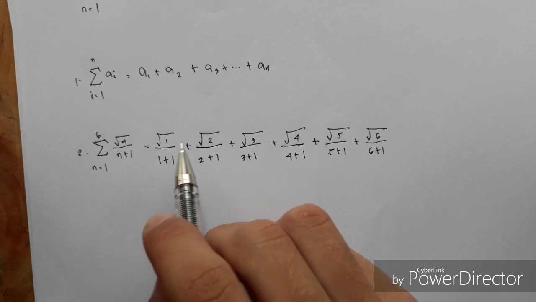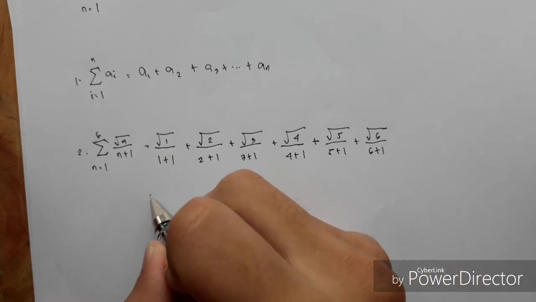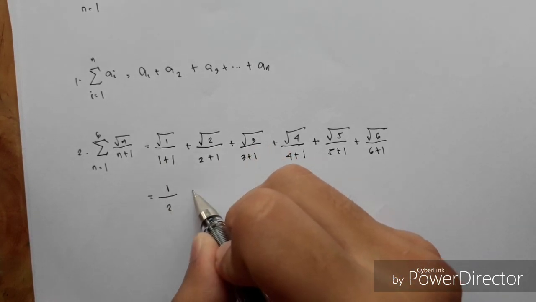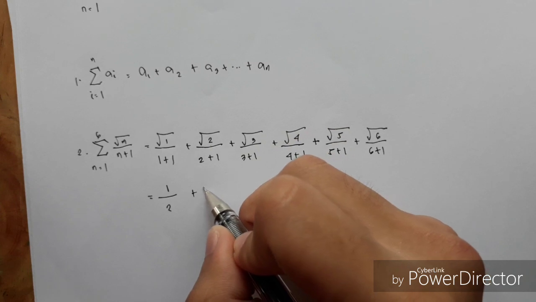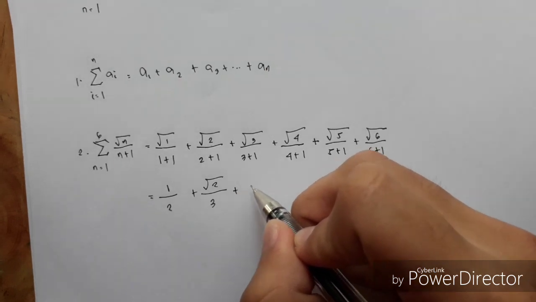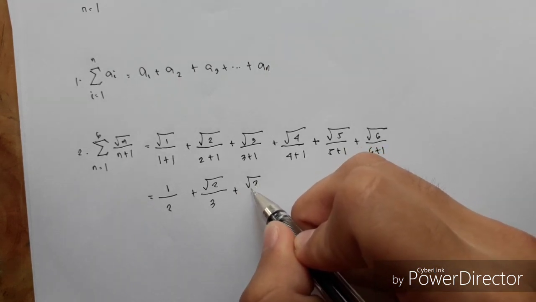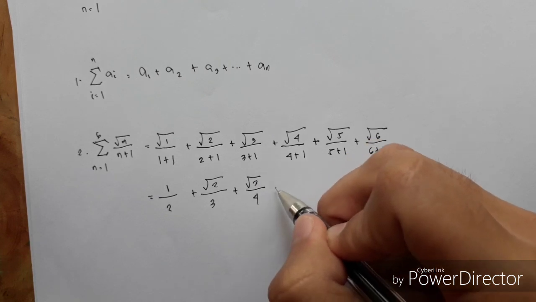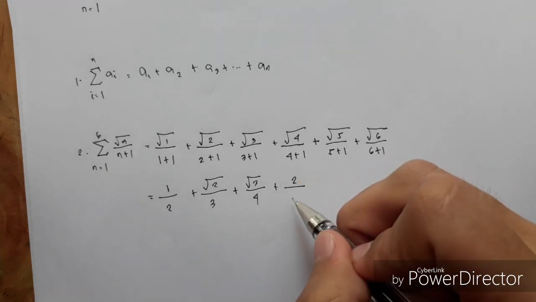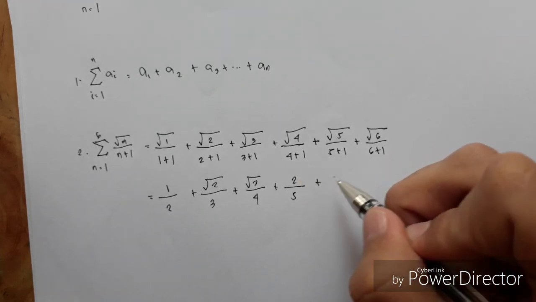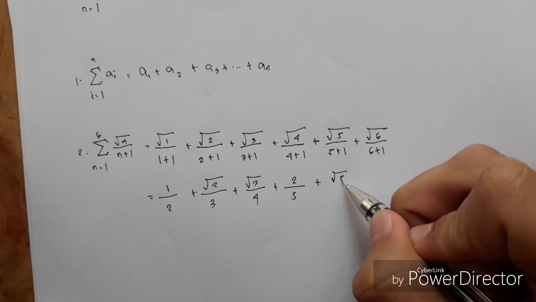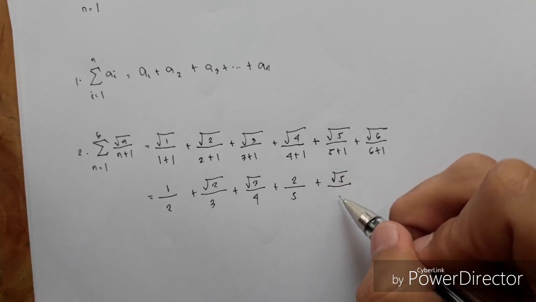So let's simplify the given. Square root of 1 is equal to 1, over 1 plus 1 is 2, plus square root of 2 over 2 plus 1 equals 3, plus square root of 3 over 3 plus 1 is equal to 4, plus square root of 4 is 2, over 4 plus 1 is 5, plus square root of 5 over 5 plus 1 is 6.